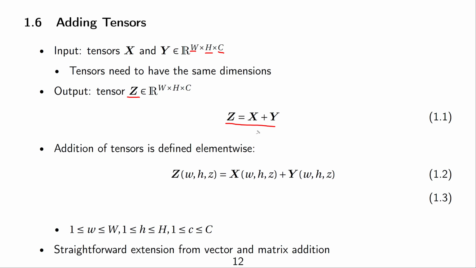As written as tensors, we would write it like this, and the tensors are added element-wise. That means for each element with index w, h, and z, we take this element with the same index from the tensor x and the one with the same index from tensor y, and we add them together.